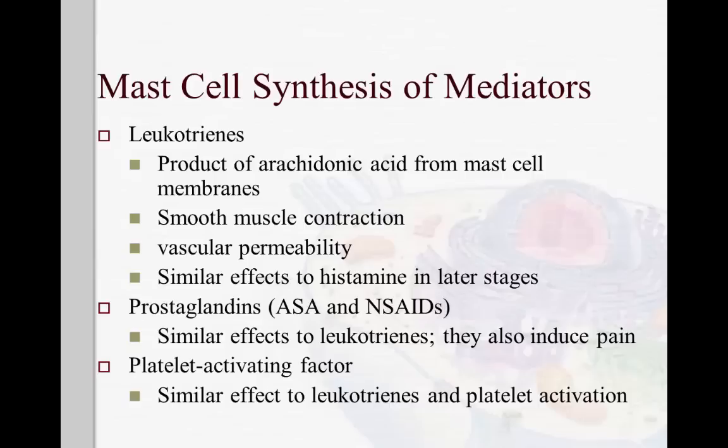And what they do is the same thing: increase capillary permeability, vasodilation, chemotaxis, but also induce pain. And this is the reason why we use NSAIDs, which are Motrin, Aleve, Advil, or aspirin, to inhibit prostaglandin to inhibit pain.